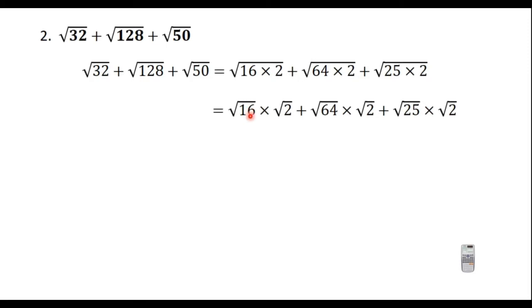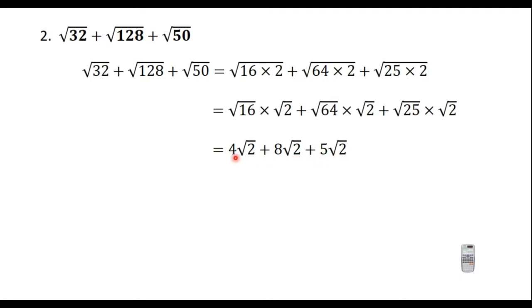Square root of 16 is 4. 4 times square root of 2 give us 4 root 2, plus square root of 64 is 8. 8 times square root of 2 give us 8 root 2. Then plus square root of 25 is 5. 5 times square root of 2 give us 5 root 2. So we can see from here that the terms under the square root sign are all the same. So we have square root of 2 here, square root of 2 here, square root of 2 here.